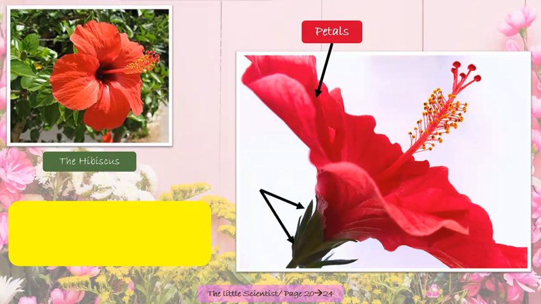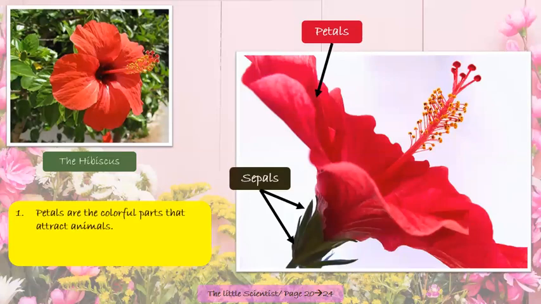These leaf-like structures, they look like leaves, but they are not leaves, are called sepals. They are super important since they protect the flower when it is a bud, when it's still small and young. So petals are the colorful parts of the flower.